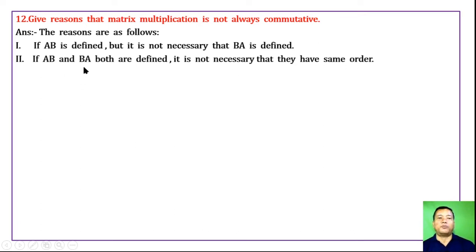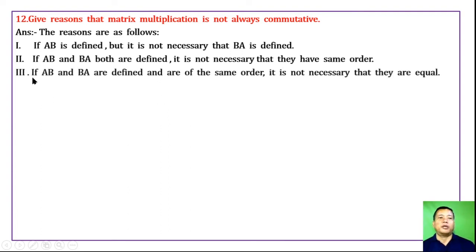Reason 3: if product AB and BA are defined and are of the same order, it is not necessary that they are equal, as corresponding elements may not be equal.